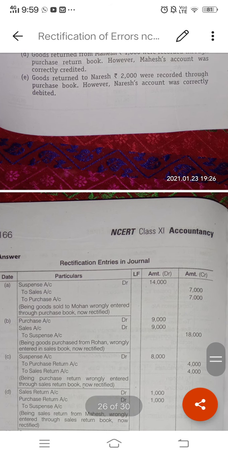Okay. The last one is goods returned to Naresh recorded through the purchase book. Goods returned is a purchase return, but instead of recording the purchase return, it is recorded through the purchase book. The purchase book is a debit balance, so there is a wrong debit balance in the purchase account of 2,000. To cancel the wrong debit, we have to credit the purchase account.